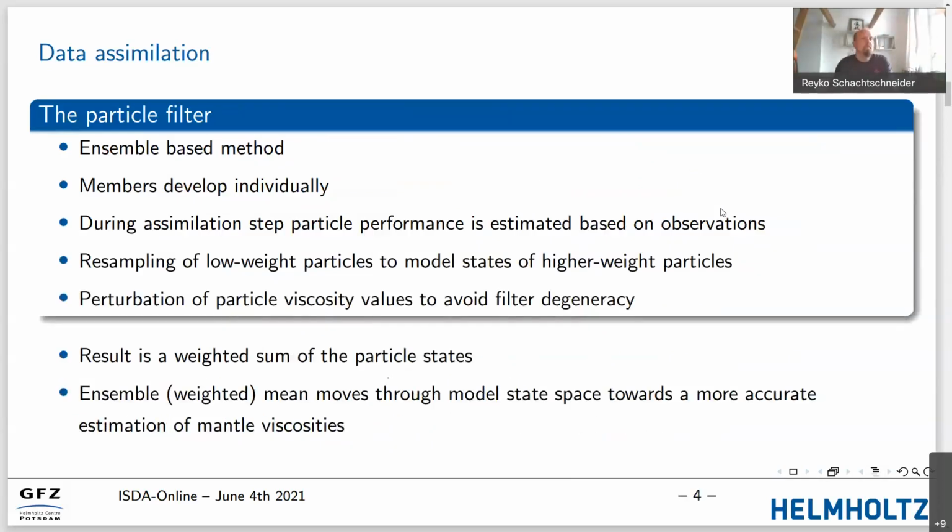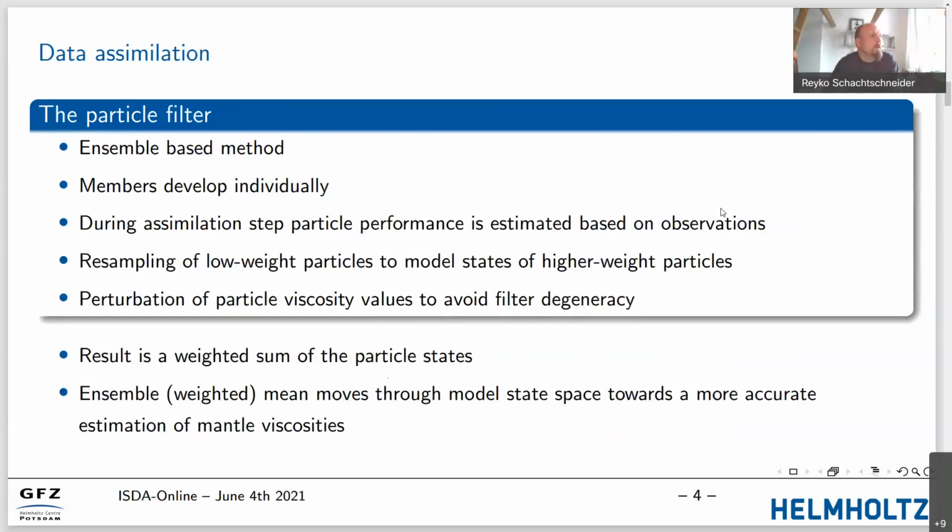The data assimilation method that we use is the particle filter. That's an ensemble-based method where each member develops individually. During the assimilation step, the particle's performance is estimated based on the difference between the forecast and given observations. And then each particle is assigned a weight.